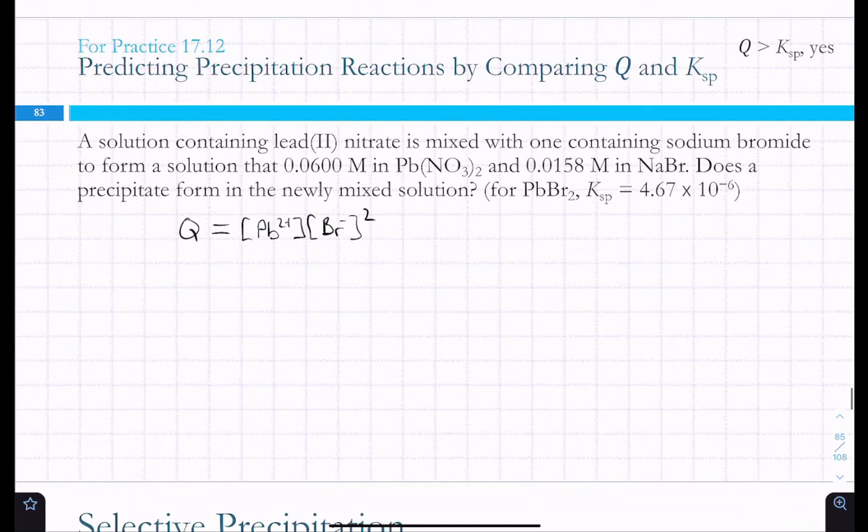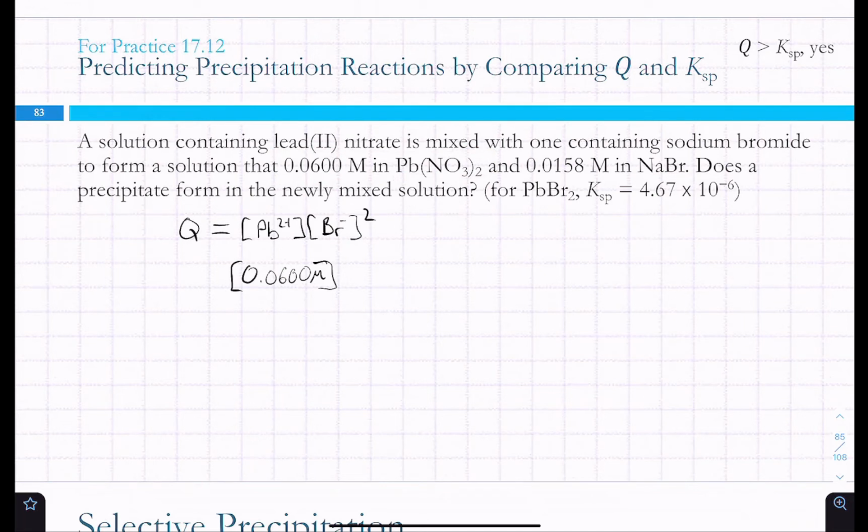Okay, so looking at these, another place to be careful on these kinds of problems is that here, we get 1 lead per lead nitrate. That's good. So that means we can use the concentration as it's given, 0.0600 molar. That's lead. And then for sodium bromide, that's also 1 bromide per every sodium bromide.